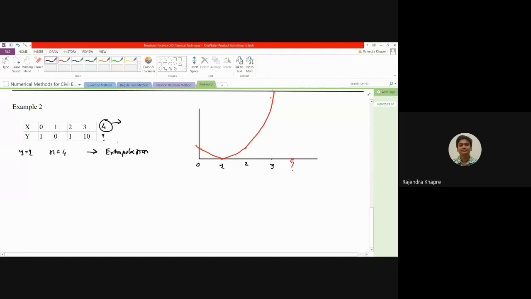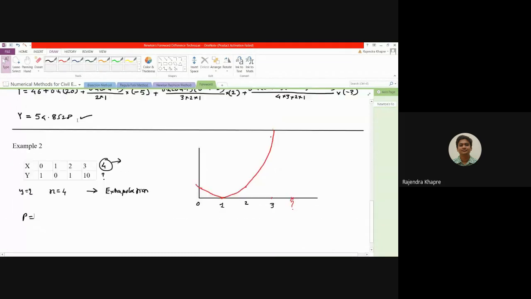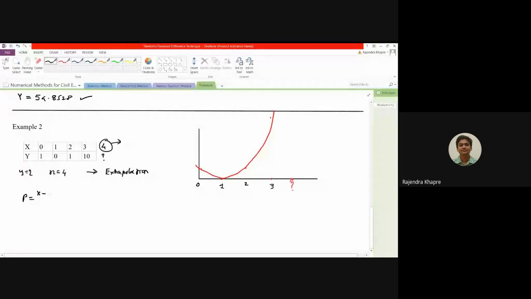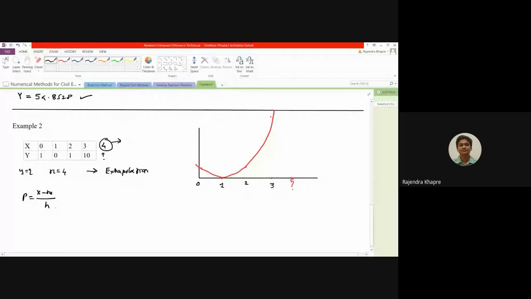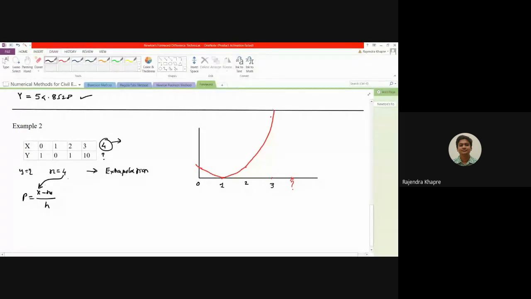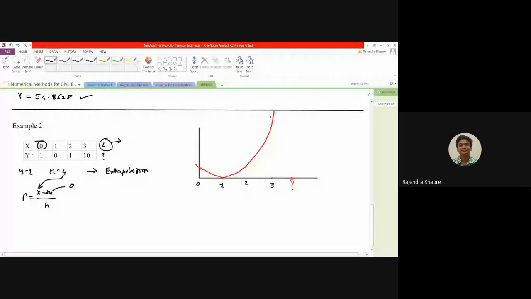First of all, we need to calculate the value of, let us say, p. If you refer to this, the p value is nothing but x minus x0 divided by h. This x is the value whose y we have to find. x0 will be 0 because this is the first value, and h is the interval.